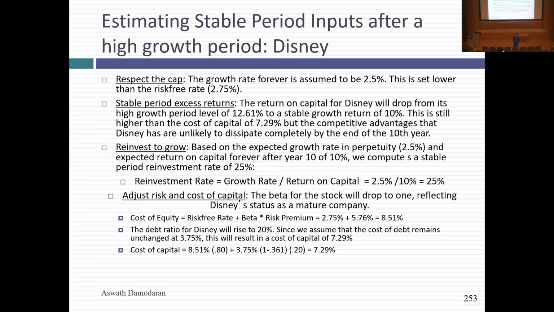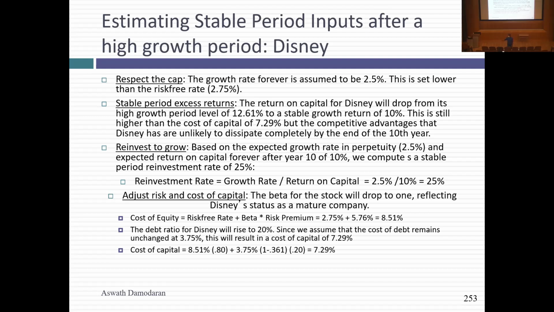This is a misconception in valuation, that mature companies don't have to reinvest. I've seen discounted cash flow valuations where people say net capex is zero, change in working capital is zero because it's a mature company. If your net capex is zero and your change in working capital is zero, your reinvestment rate is zero, right? If your reinvestment rate is zero, the only growth rate that's consistent with that reinvestment rate is zero.